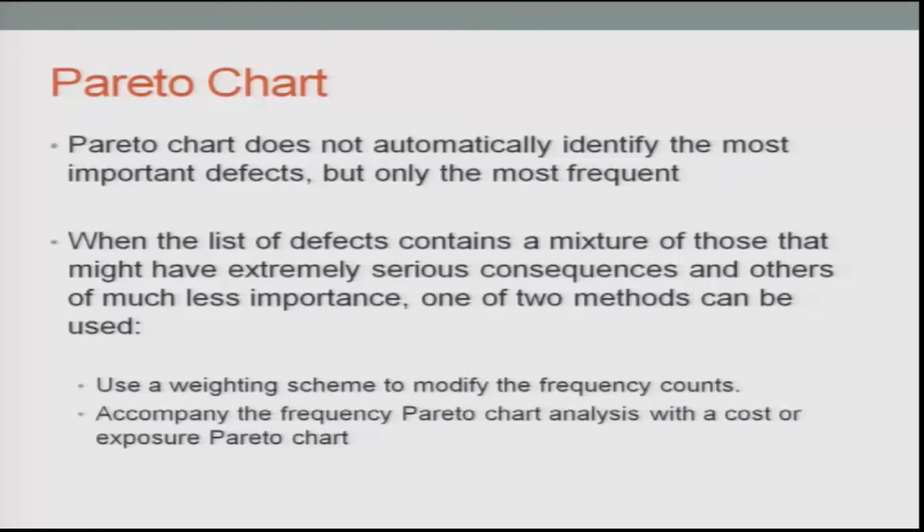A weighting scheme can be used to modify the frequency counts. You can give higher weights to more frequent or more recent occurrences, but there must be a rationale for the weights. For the time being we will ignore weights in our analysis and later see how they can be taken up.